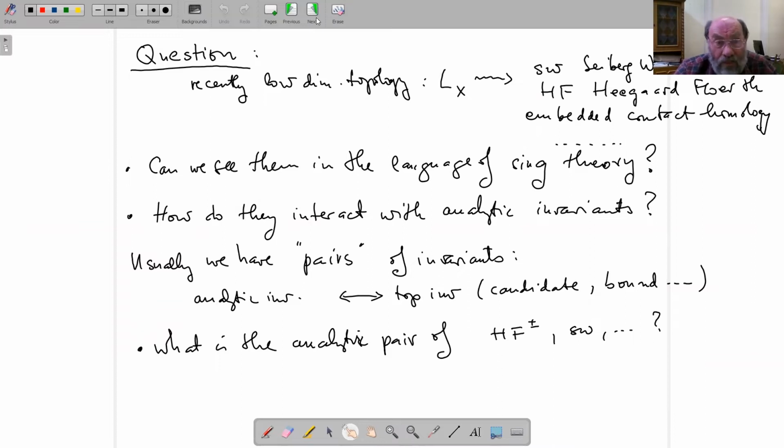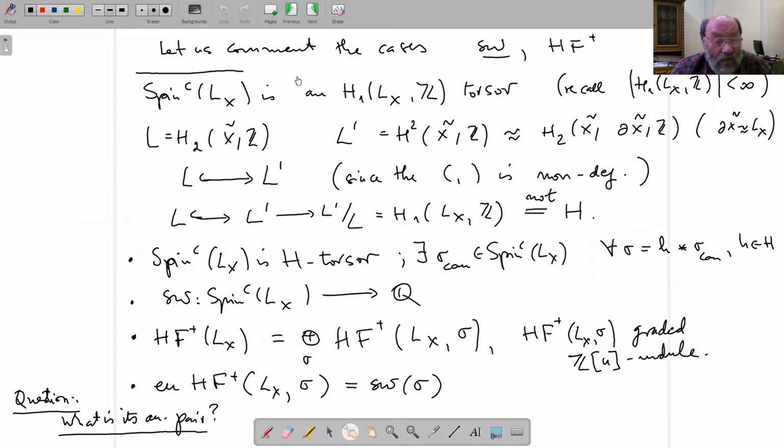Let me say a little bit about the structure of the Seiberg-Witten invariants, not how they are defined, but how they are associated with the link. I have the three-manifold link, and we consider all the spin^c structures of the oriented three-manifold.